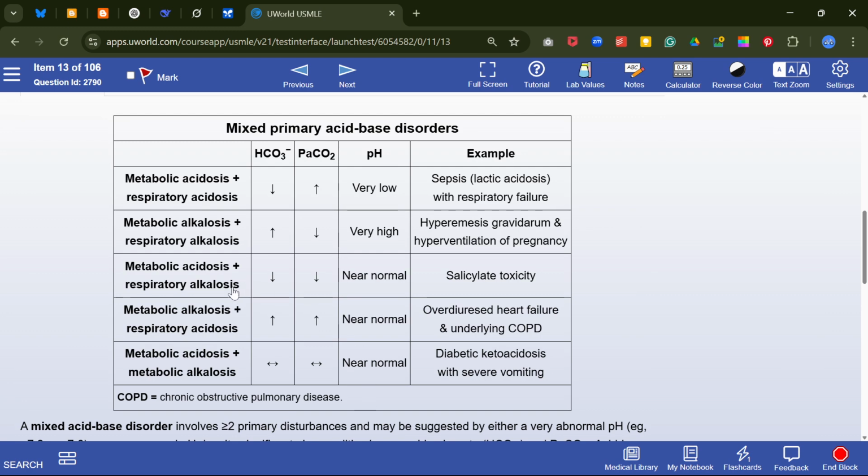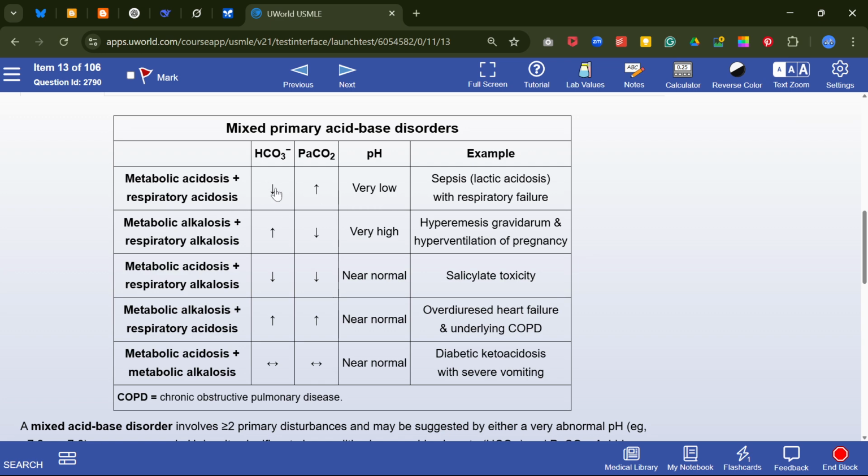Okay, this is a chart you can remember, but sometimes very tough. If there is very low pH, then we suspect there may be mixed metabolic acidosis and respiratory acidosis.